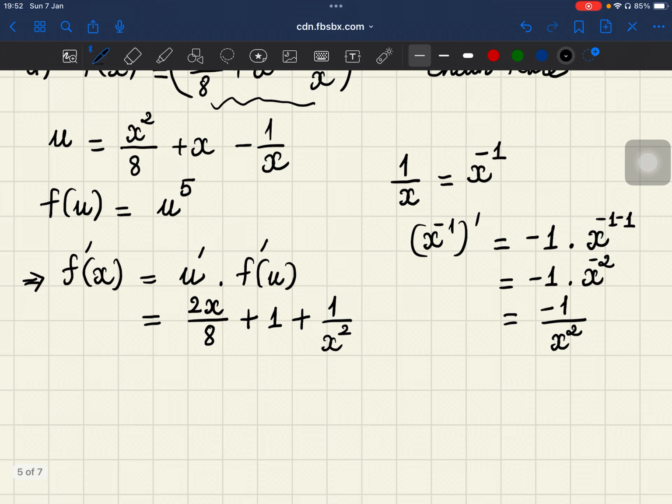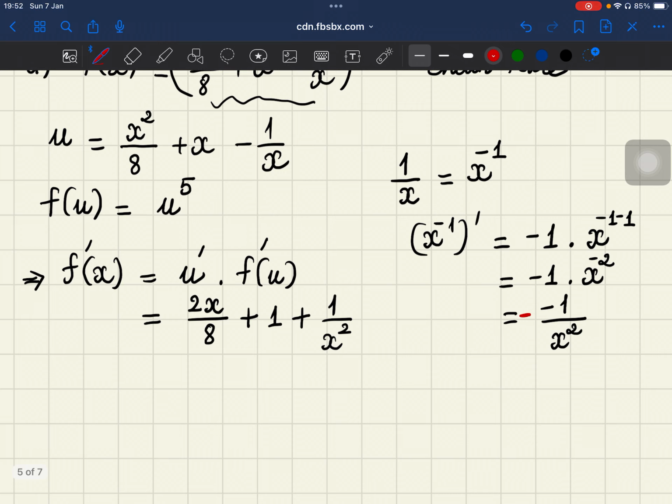So we will have here negative of negative 1 divided by x squared is equal to plus 1 divided by x squared. Okay.